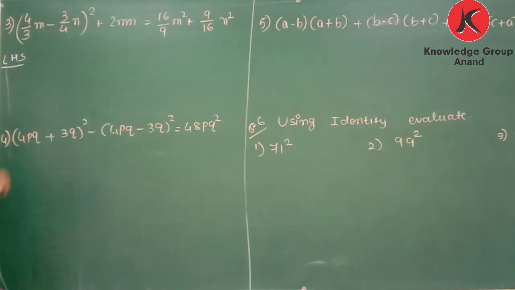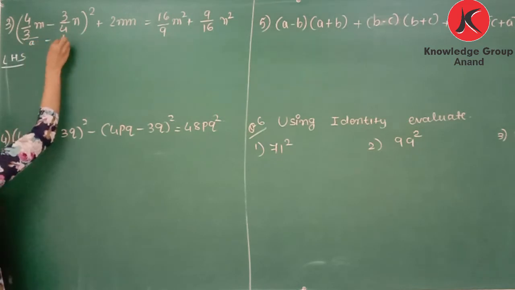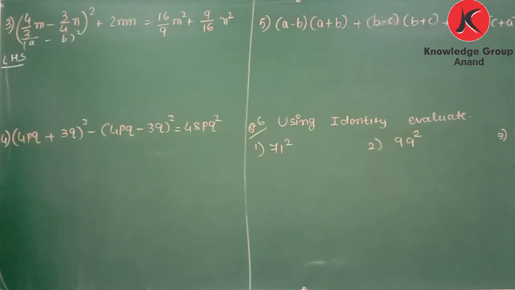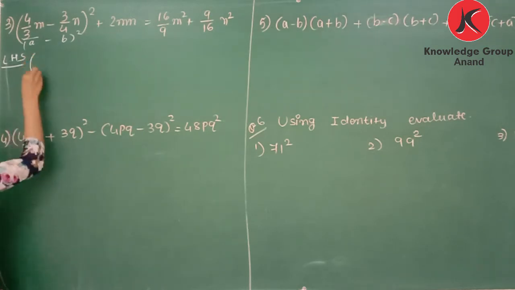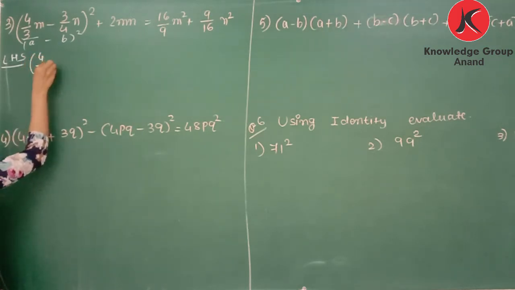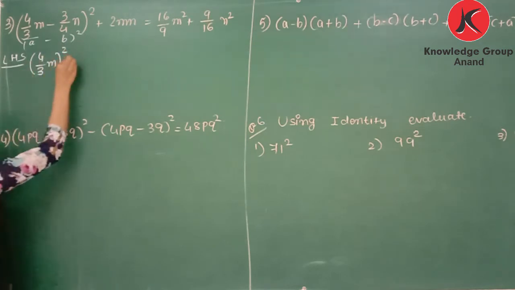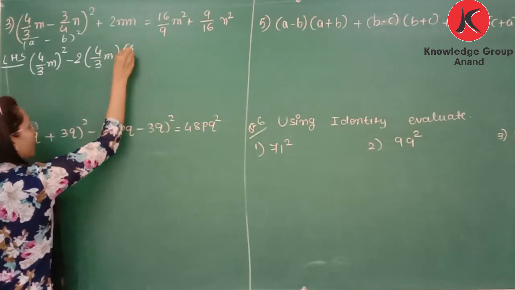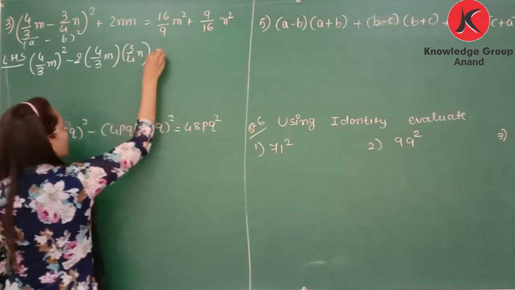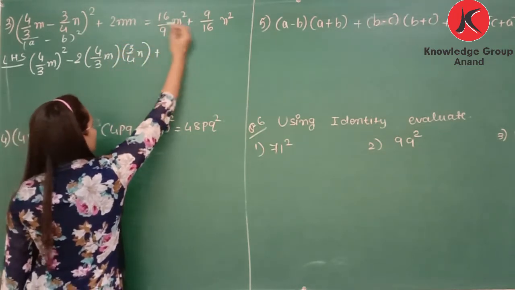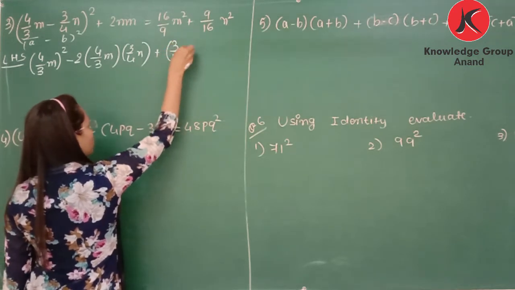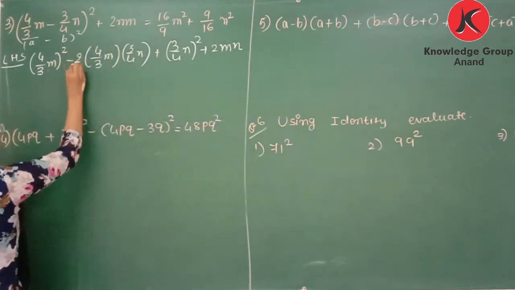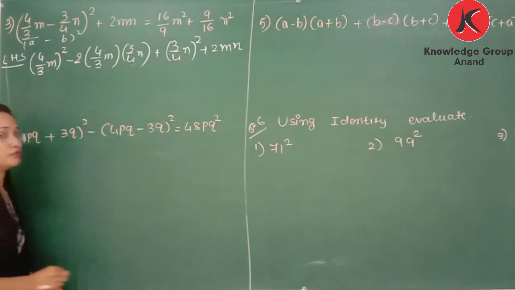Now, you can say this is our (a minus b) whole square. (a minus b) whole square is a square minus 2ab plus b square, so we can write (4 by 3m) whole square minus 2 into 4 by 3m into 3 by 4n plus (3 by 4n) whole square plus 2mn. A square minus 2ab plus b square.